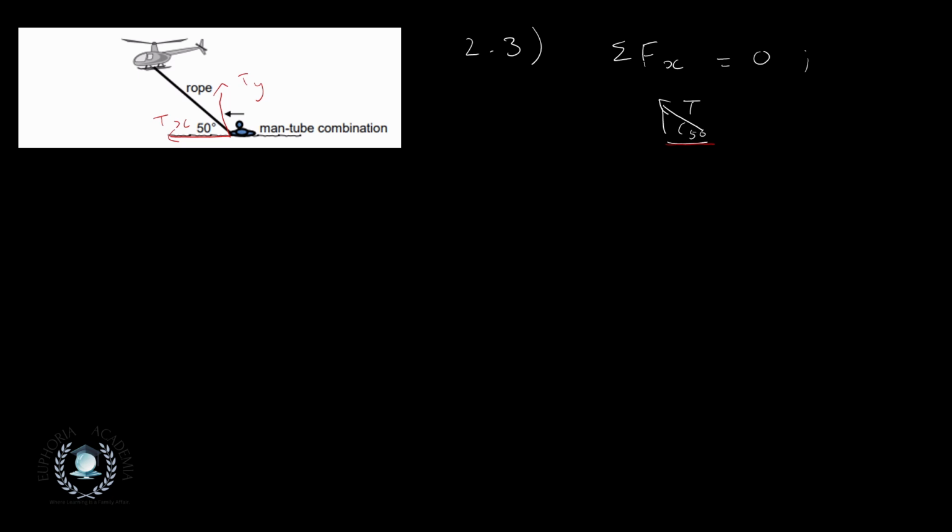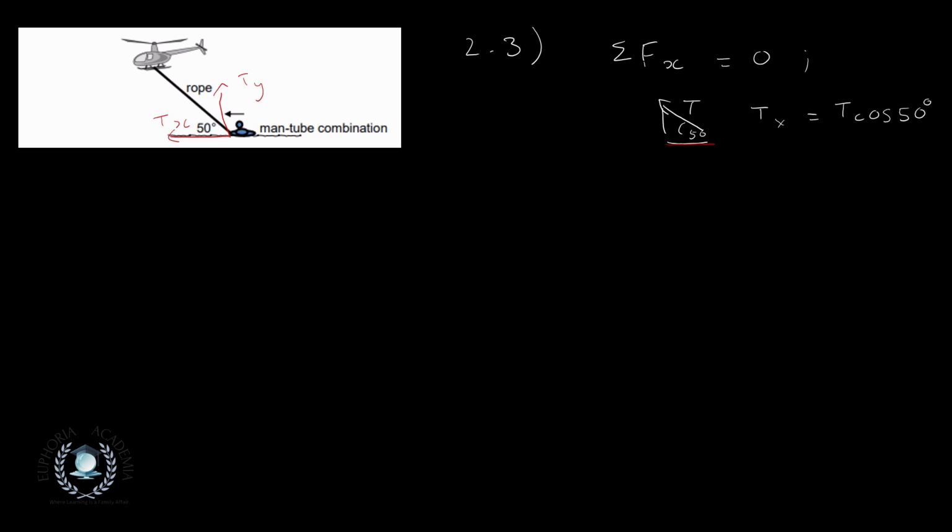Now, we know that to find our x component, Tx is going to be equal to the magnitude of our tension multiplied by cos 50 degrees. And that's trigonometry right there.